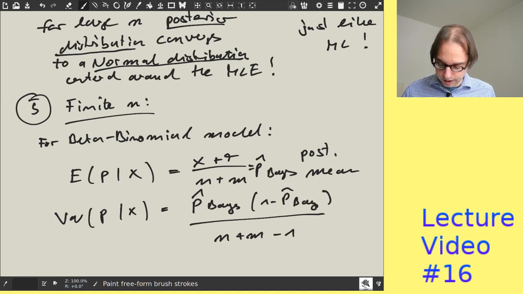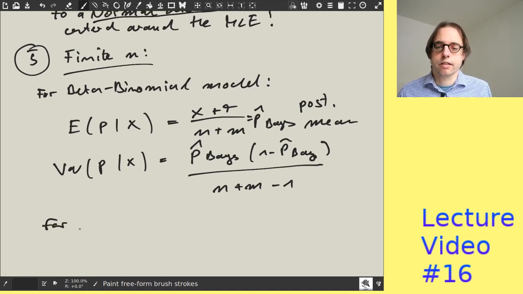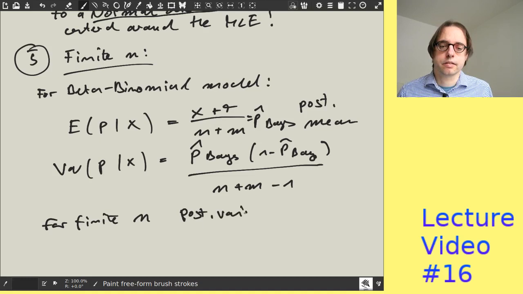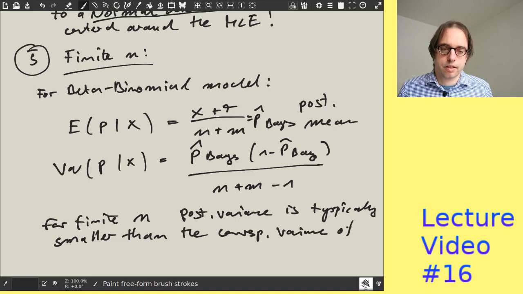So the interesting thing is, for finite sample size, for finite n, the posterior variance is typically smaller than the corresponding variance of the MLE.